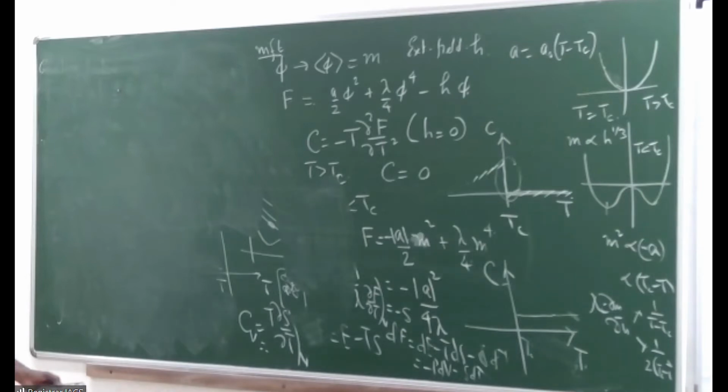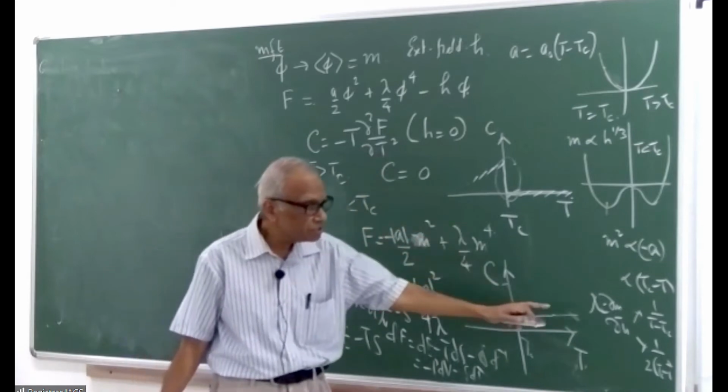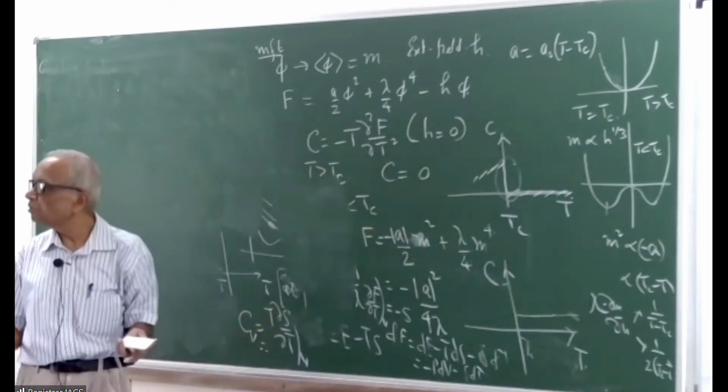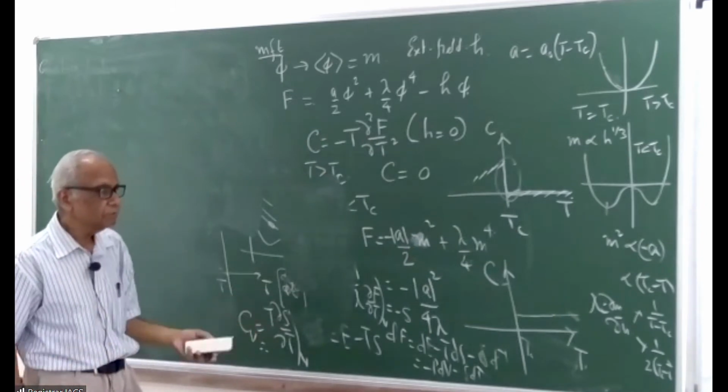Now, it turned out this fluctuation specific heat is 0 because M is equal to 0 above T_c, so the free energy is identically 0.